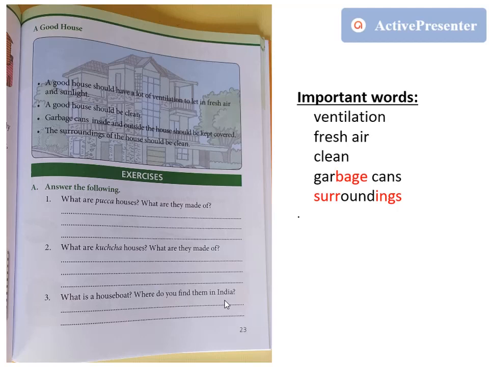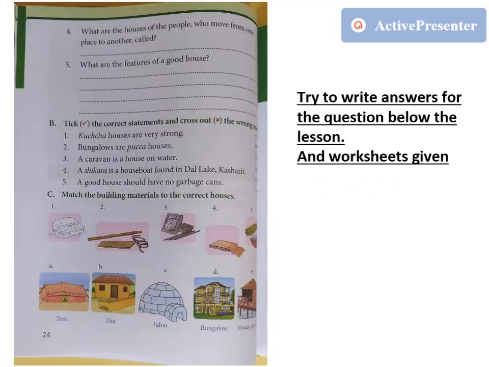Where do you find them in India? What are the houses of people who move from one place to another called? Do you know what this is? Just check in the textbook again. What are the features of a good house? Just now we read, right?